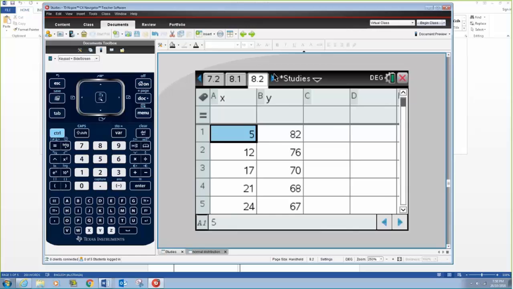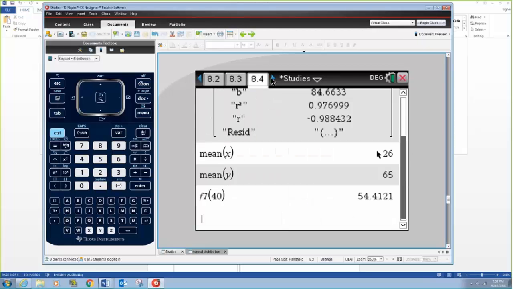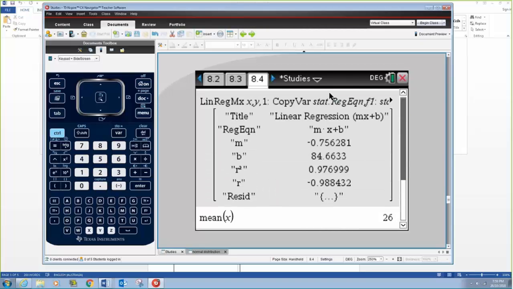So again, the data is entered here, and we just draw a graph with X and Y and enter our regression line. What's important when you do the regression line in the calculator screen is that the regression equation is saved, and the student can see when it's saved. It will tell them whatever function they have.